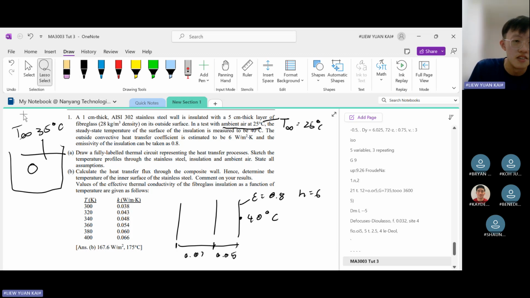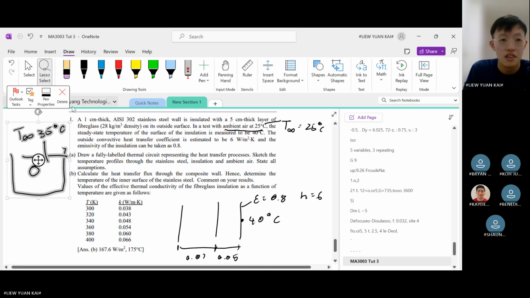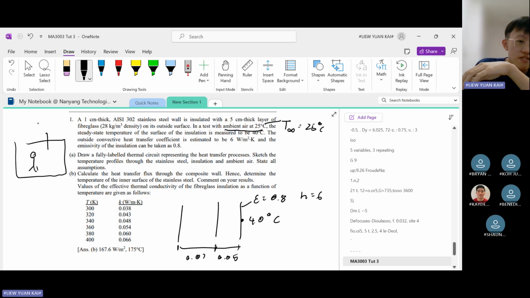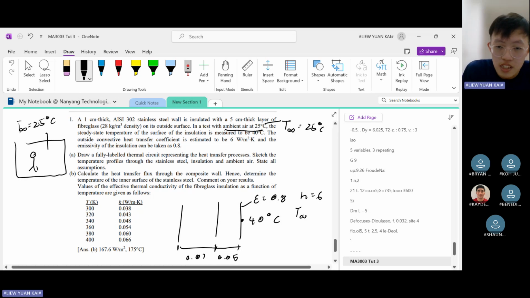Or for example, a person in a room. The temperature of the room is 25 degrees Celsius. This surrounding fluid temperature, the fluid I'm referring to is air, is the T infinity. So they tell me T infinity is 25 degrees Celsius.